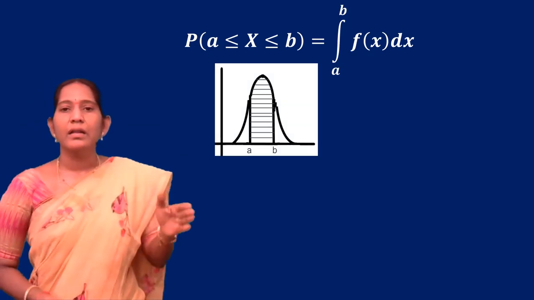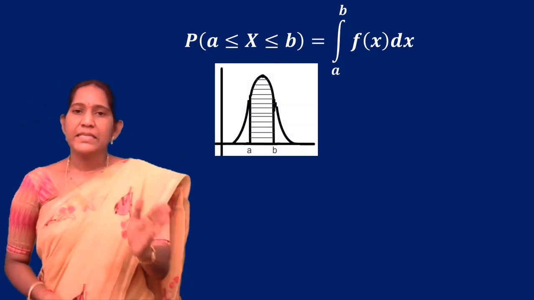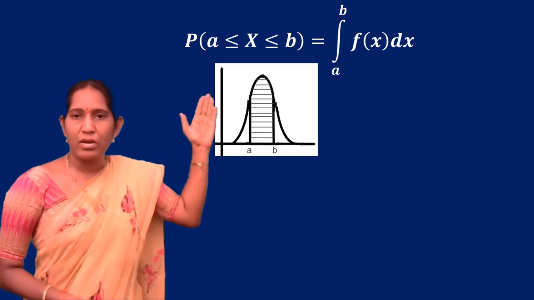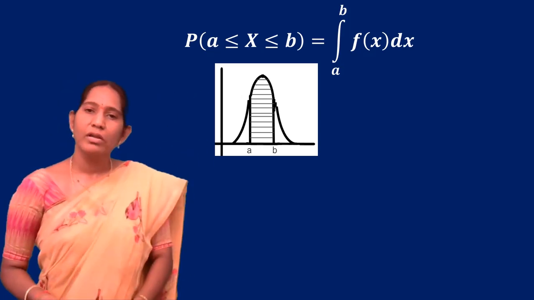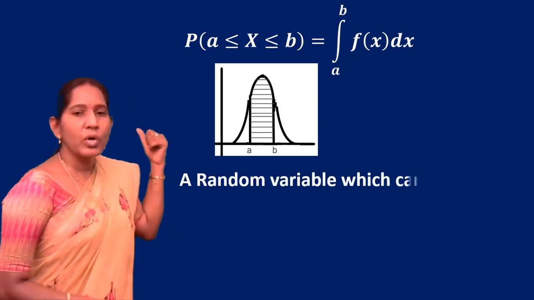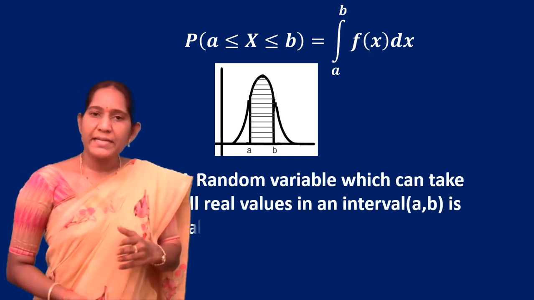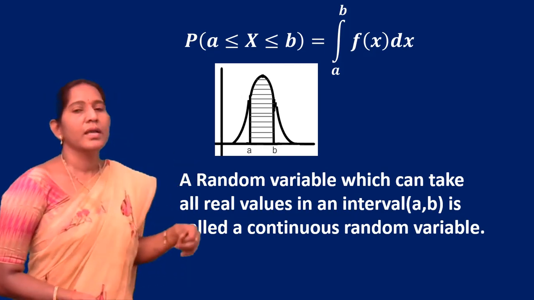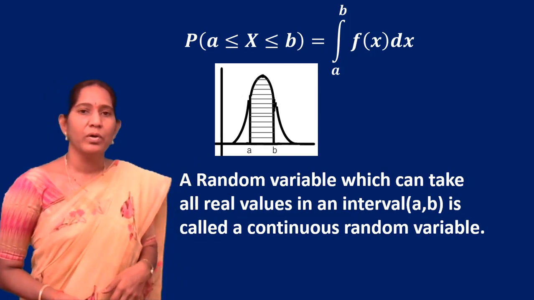See this figure, for random variable X, integral a to b f of x dx is p of a less than or equal to X less than or equal to b. So, a random variable which can take all real values in an interval a comma b is called a continuous random variable.